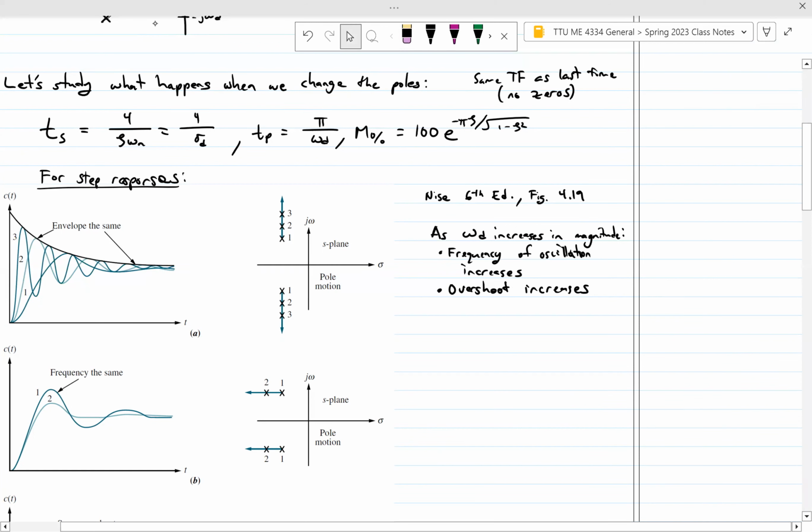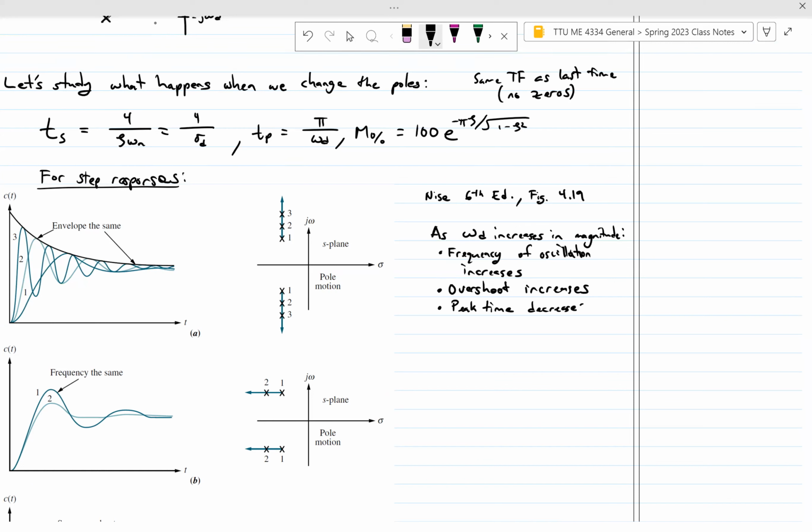What else? Those are the only two things that change here. Peak time reduced. So peak time decreases. Anything else? How long does it take to get to steady state between these options?